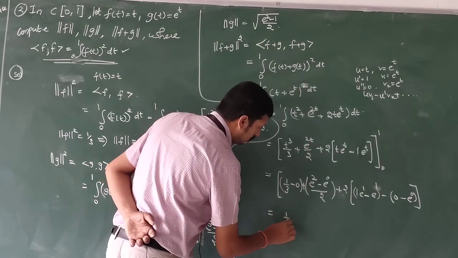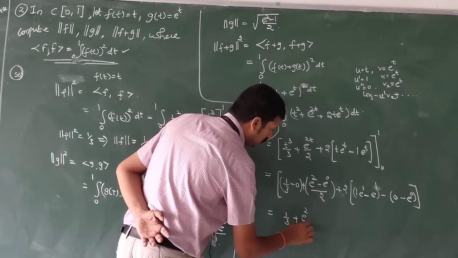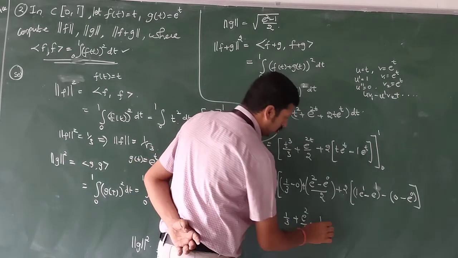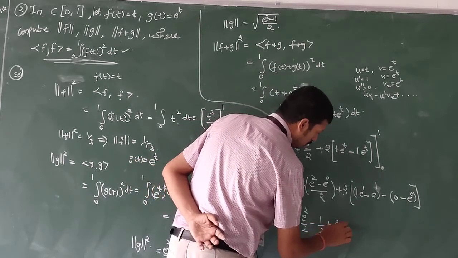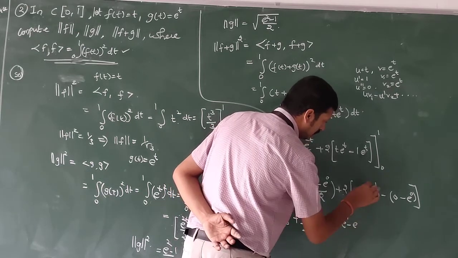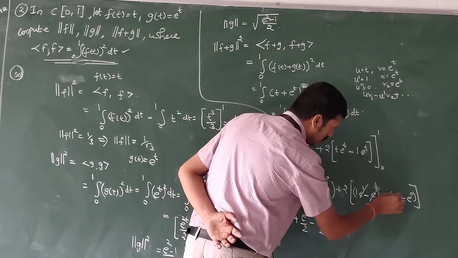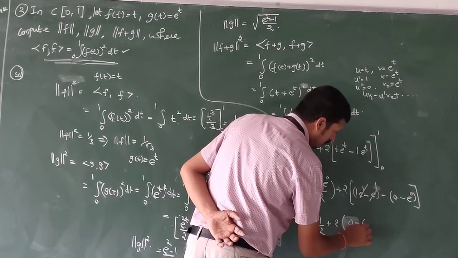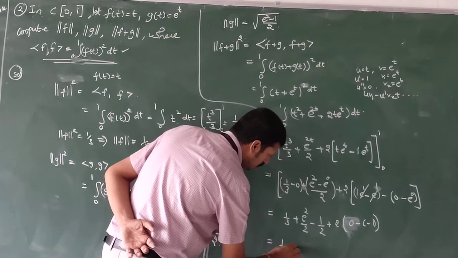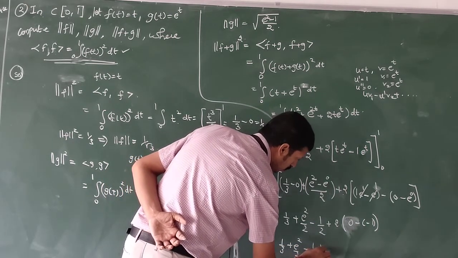So, that is 1 by 3 plus e power 2 by 2 minus e power 0 value is 1 by 2 plus 2 into e power 1 minus e power 1 gets cancelled. So, this becomes 0. So, 0 minus, half minus 1. So, totally you will be getting 1 by 3 plus e power 2 by 2 minus 1 by 2 plus 2.